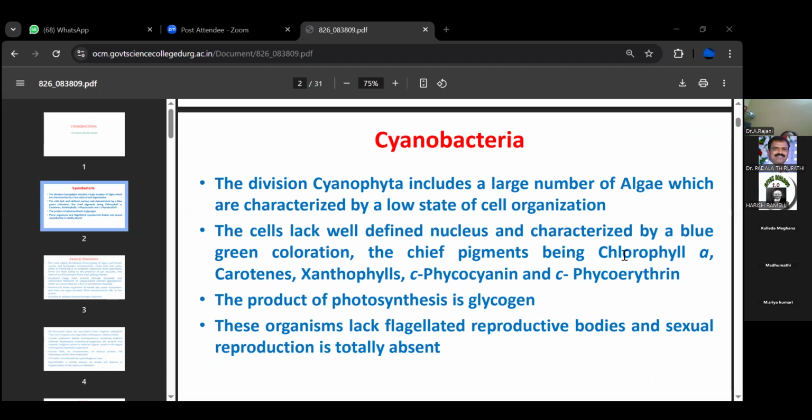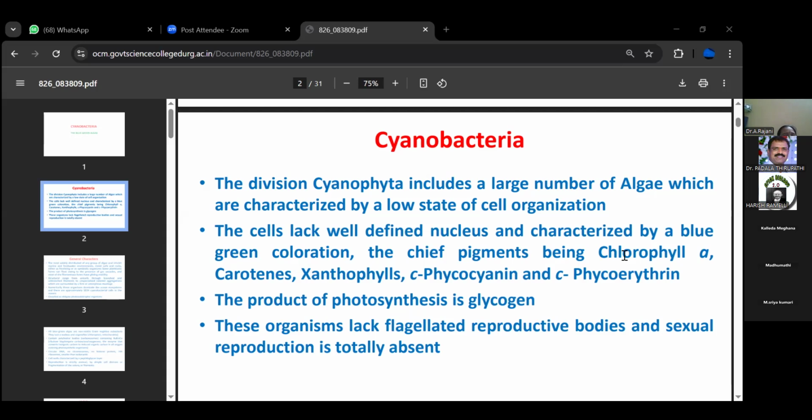Along with chlorophyll A, xanthophylls and phycobilins are a must. What type of phycobilins? C-phycocyanin and C-phycoerythrin. These two are called the phycobilins. Here, phycocyanin is most dominant compared to phycoerythrin. That's why the color resembles blue-green.